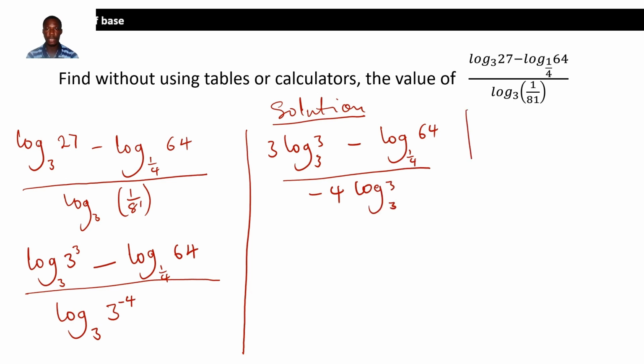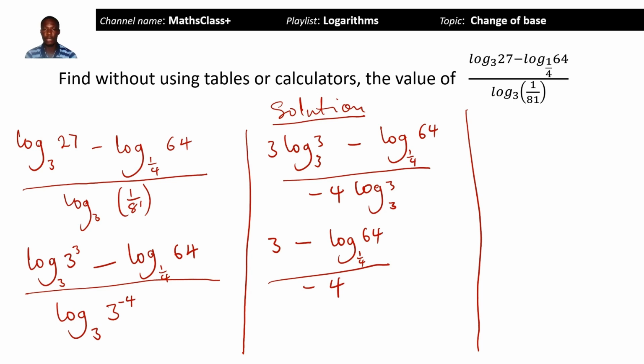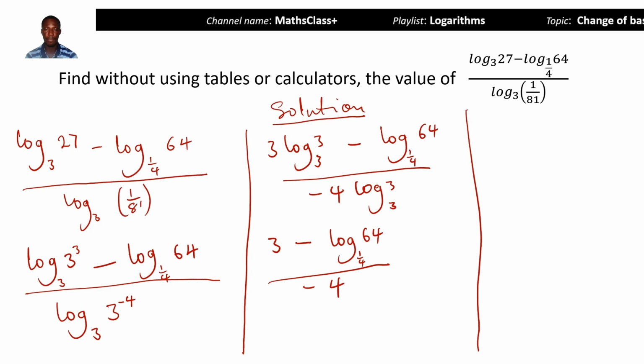So these ones, as we see them, we will have as 3 minus log 64 base 1 over 4, and then negative 4. So what I have now, I think the best option for me to do is to change the base of the expression I couldn't simplify.